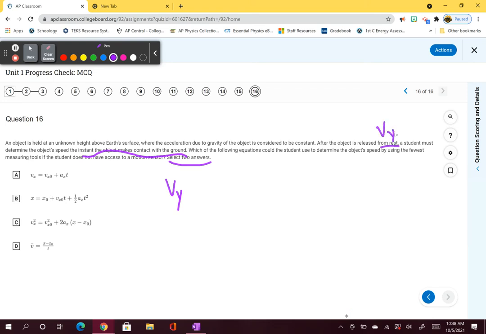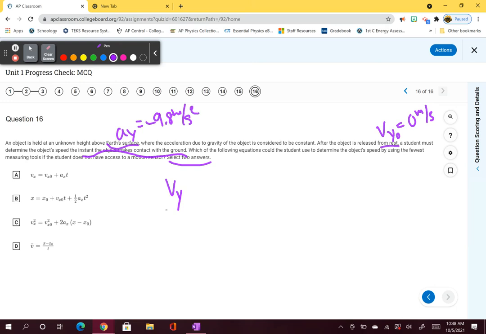So we know it's at rest. So we know our initial velocity is 0. We're looking for final velocity. And we want the fewest measuring tools as possible. Since we're on Earth, we know that our acceleration is negative 9.8 meters per second squared.